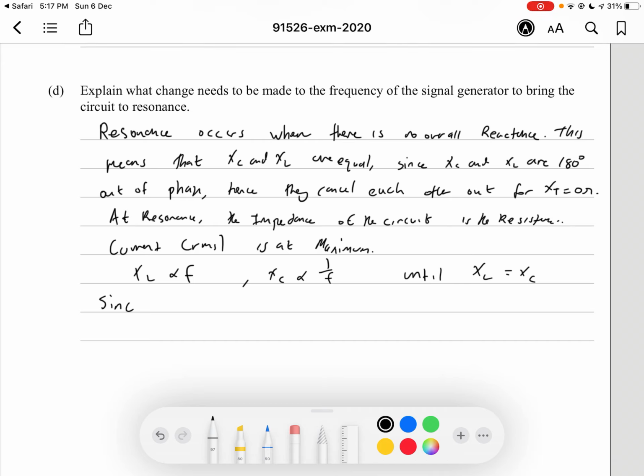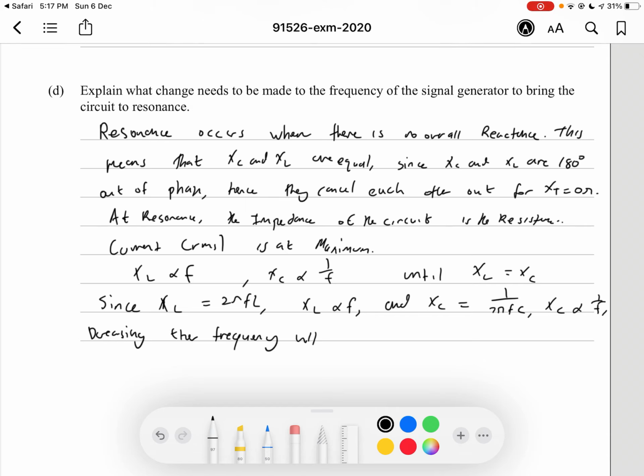So to put this in a sentence, we can say since XL is proportional to f and XC is inversely proportional to f, decreasing the frequency will decrease XL and increase XC.